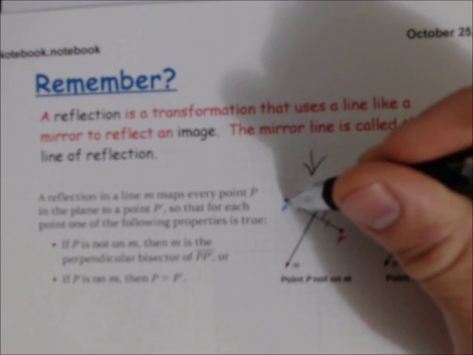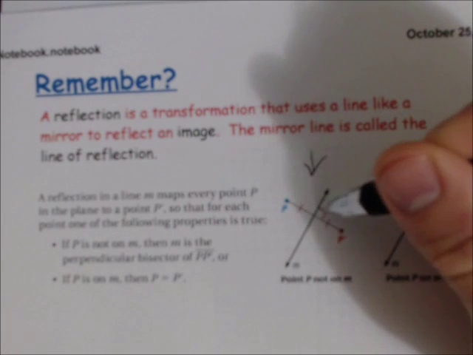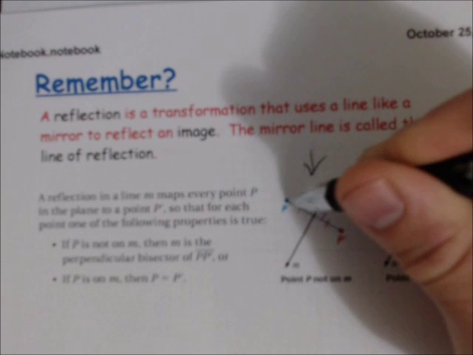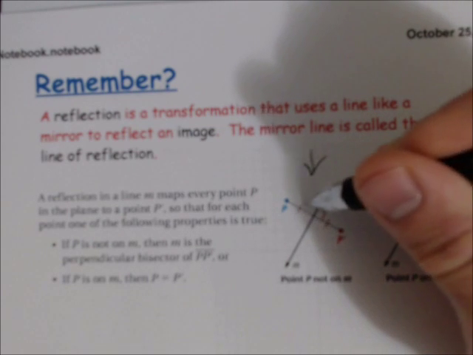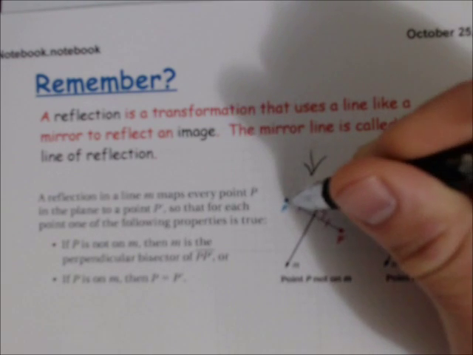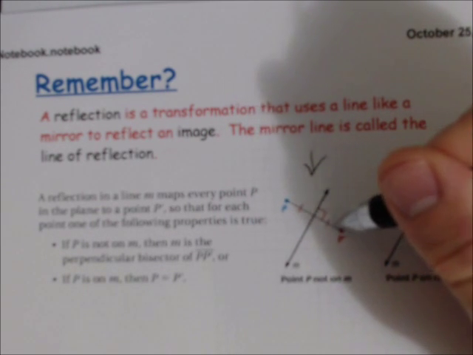It gets mapped exactly across that line of reflection. So we're talking about the perpendicular distance. The distance between P and line M and P prime and line M should be the same. We're talking about a mirror image. This gets mapped right over line M to P prime.